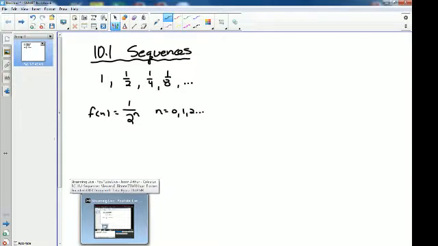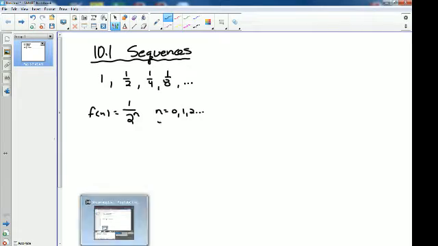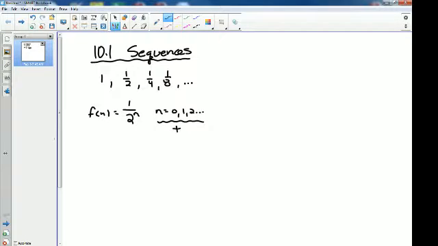It's not calculus. We can define our n values differently.